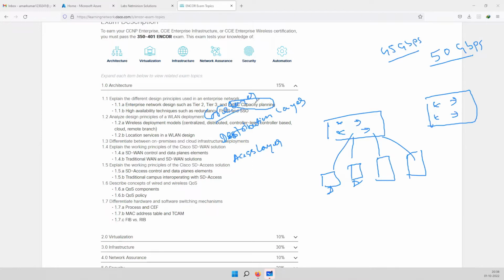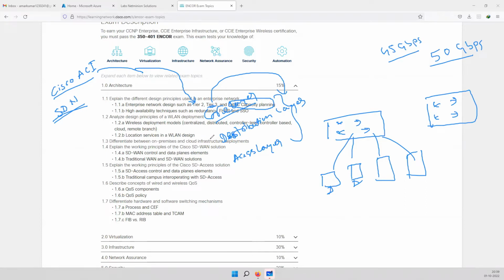And in tier 2 we are going to talk about border leaf kind of design, that we use in SDN, software defined network. If you have heard about Cisco ACI, in this infrastructure we use 2-tier architecture instead of 3-tier architecture. The 3-tier architecture you can see in the legacy data center, where we are not using SDN, software defined networking.